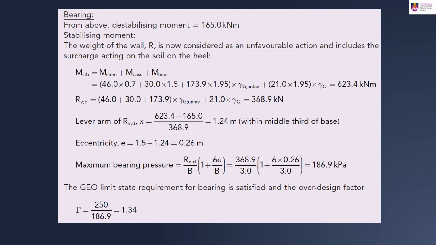So when we calculate the total stabilizing moment, we have the answer 623.4 kilonewton meter, and the resistance vertical force is equal to 368.9 kilonewton. And we get the lever arm within the middle third of the base. So we have 1.24. Eccentricity is 0.26, and the maximum bearing pressure is 186.9 kPa. And then the over design factor is 1.34.